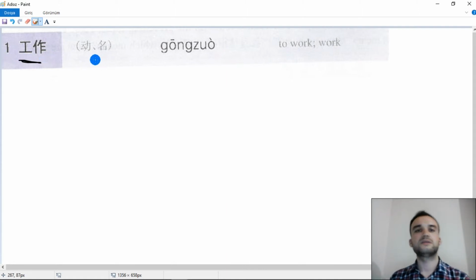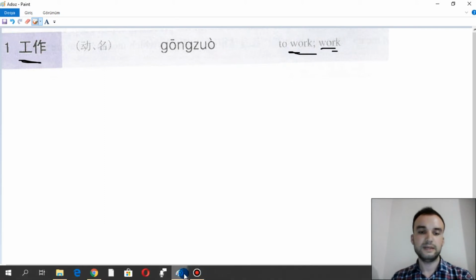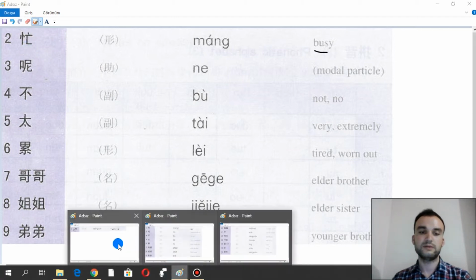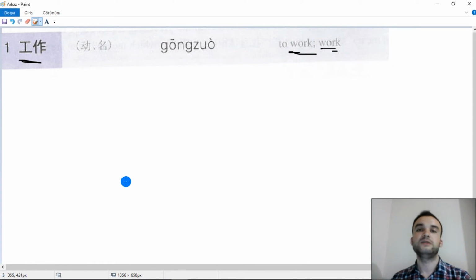Okay, first word is gongzuo. Gongzuo means work, and it's a noun, also a verb, both of them. Another word is mang. Mang means busy. How can we use these 2 words in one sentence? Actually, I think you all know that. 你工作忙吗? What does it mean? Are you busy with your work?